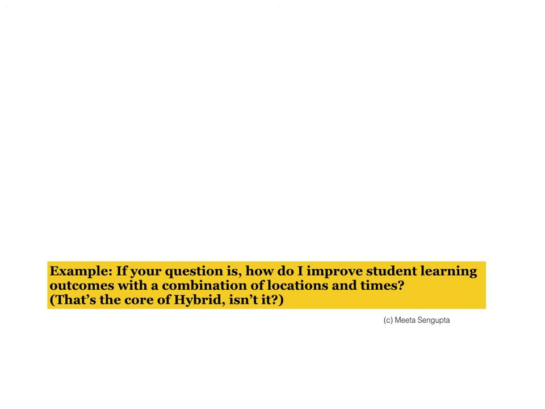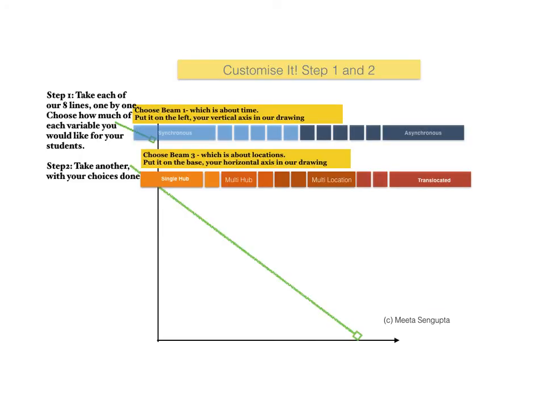So let's start with step 1 and 2, which is about choosing our 2 beams. Our question has this, right? Our question says different times. So we put it on the left, your vertical axis. And beam 1 for us, synchronous and asynchronous learning, was about time. So we put that there. About locations, we had another beam which was about single hub, multi-location, or translocated. We put that there, right?